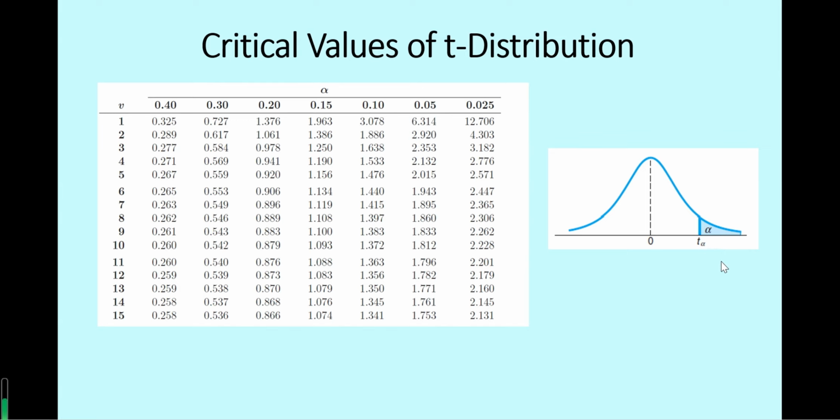So if the calculated sample test statistic is larger than this value or less than the negative of this value, on the other side, we can say the test is significant. This is equivalent to getting a p-value less than alpha.